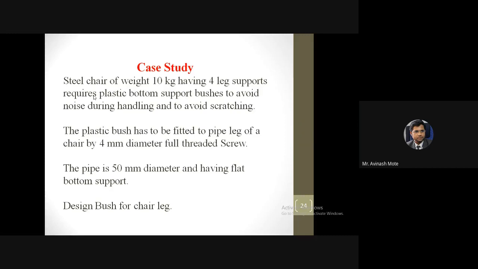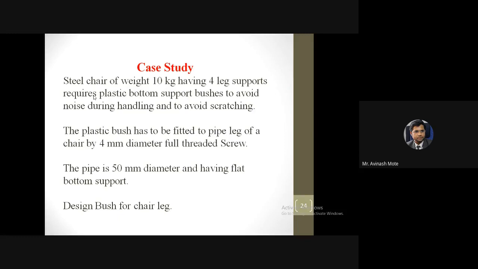Don't get confused, you can consider 60 kg also, or 50 kg, but as an average I am considering an even load of 70 kg on the chair, and 10 kg load of chair itself.